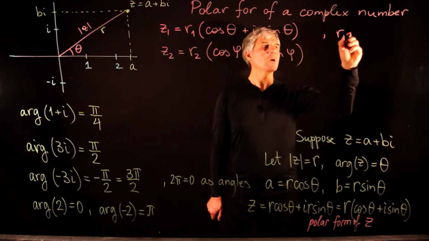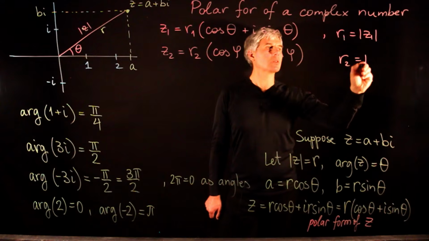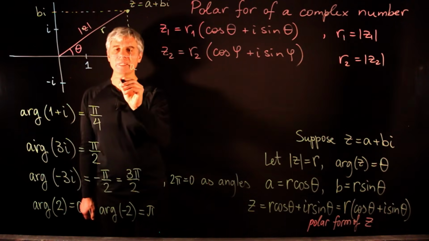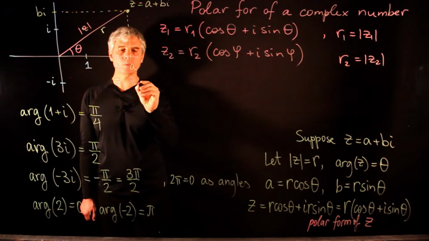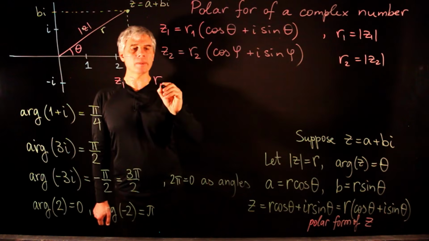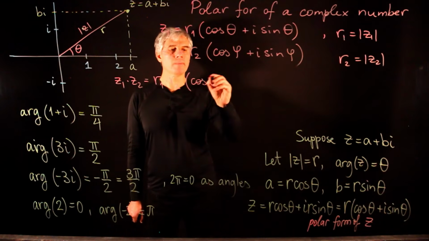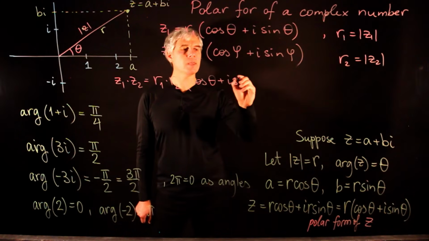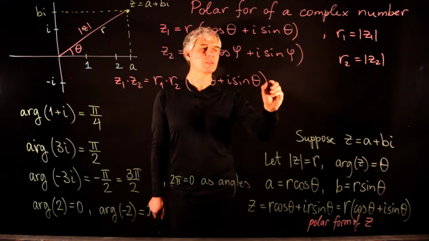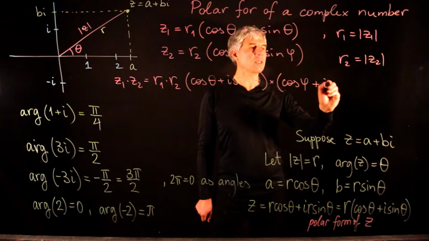So here r1 is the norm of z1 and r2 is the norm of z2. Now let us compute z1 times z2. So this will be r1 times r2 times (cos theta plus i sine theta) times (cos phi plus i sine phi).